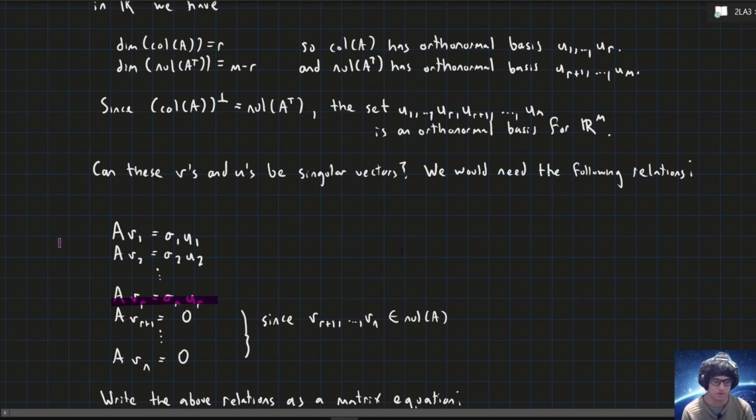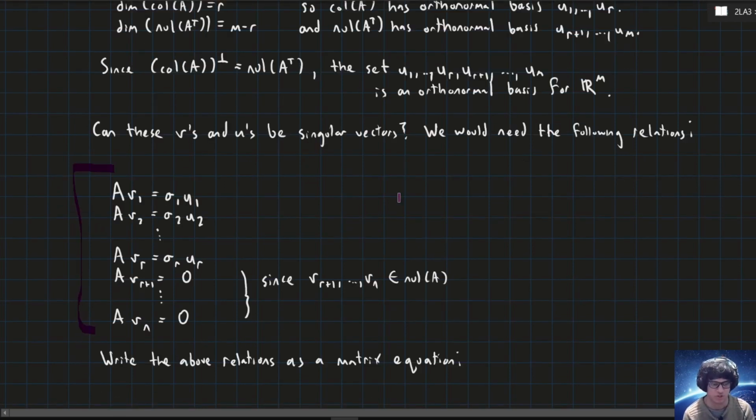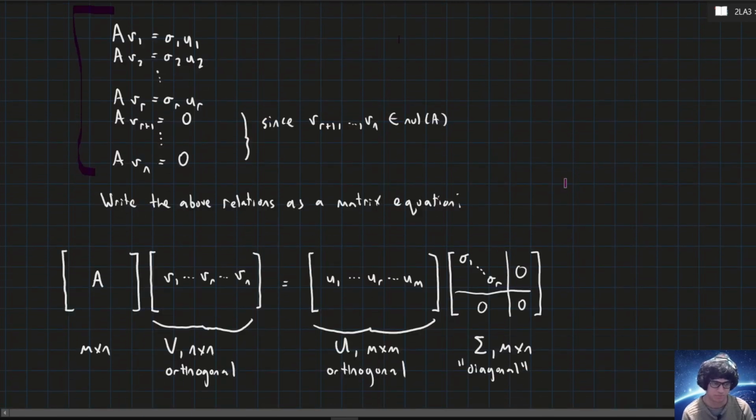So ultimately we want a matrix factorization. We're going to translate all these relationships into a matrix equation that looks like this. We're going to write A, that comes from the A's over here, times a new matrix.